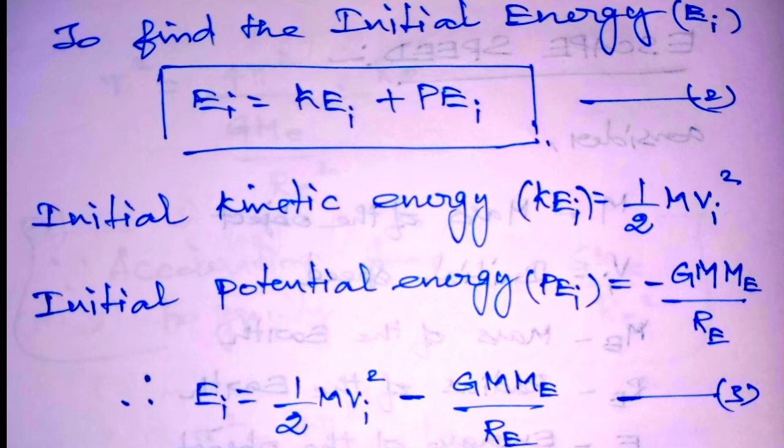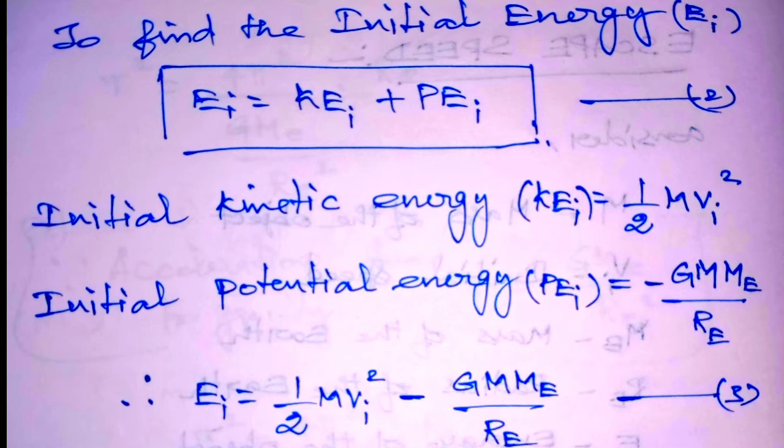So we are going to find the initial kinetic energy and the initial potential energy. We know the initial kinetic energy is equal to half m vi square, because the velocity is initial, so I represented vi square, and initial potential energy is equal to minus capital G capital M m Me by Re.